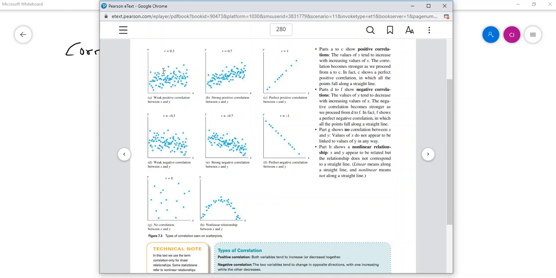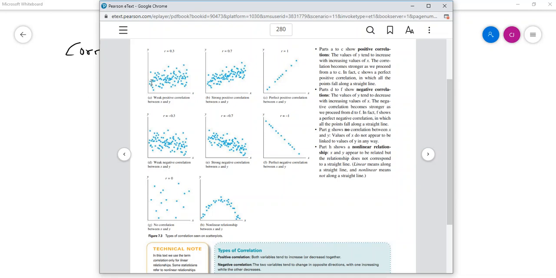So let's look at this. Two things we could talk about. With algebra, when we were going from left to right on a line, we talked about slope. We said if the line went up, like these points are kind of going up as we go from left to right, that's positive slope.